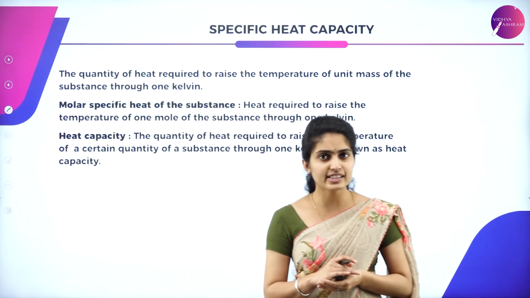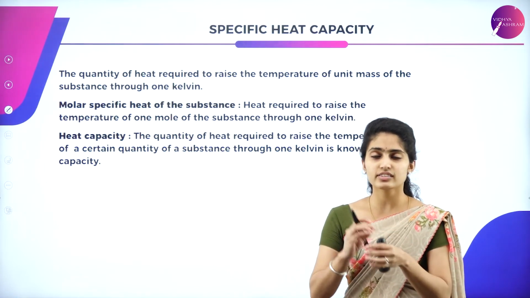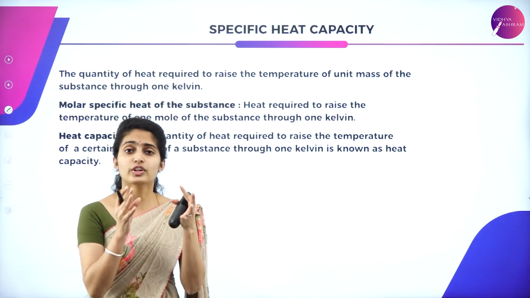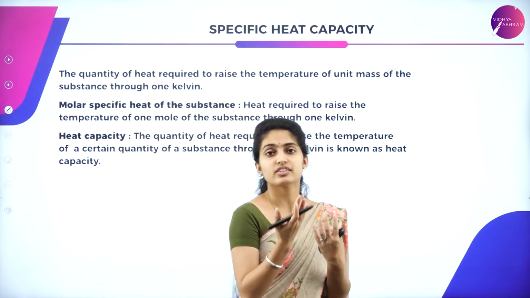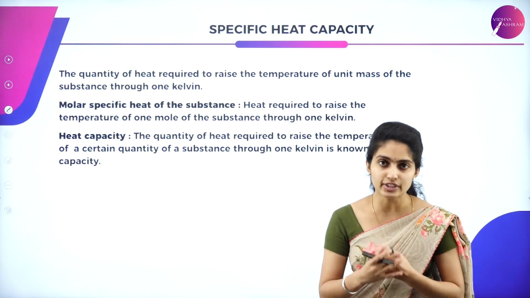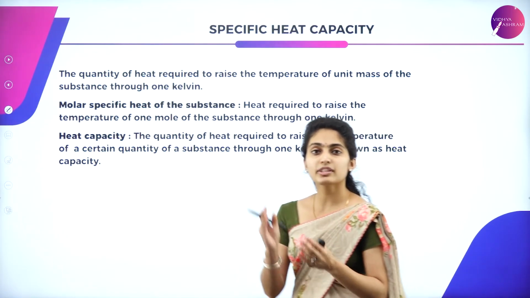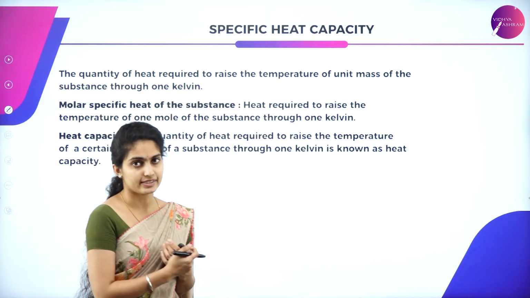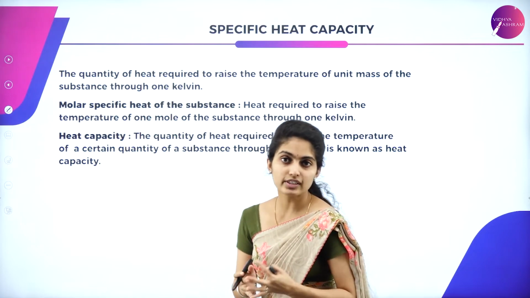As you have all seen, each and every object possesses certain heat. So it has got a certain capacity to take up temperature. These are nothing but the specific heat capacity of certain objects or a substance. Here we are talking about the liquids.